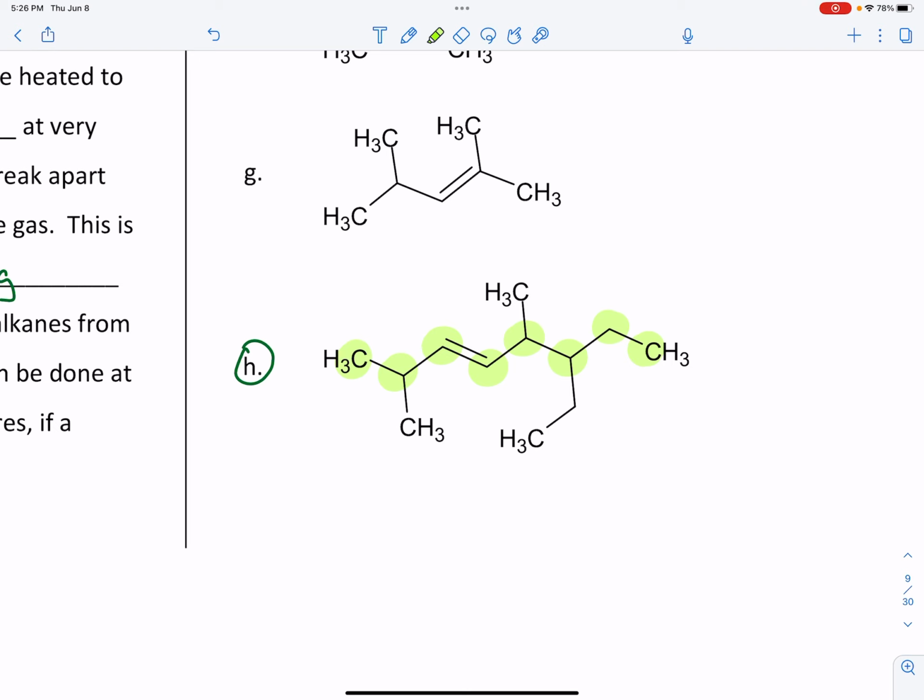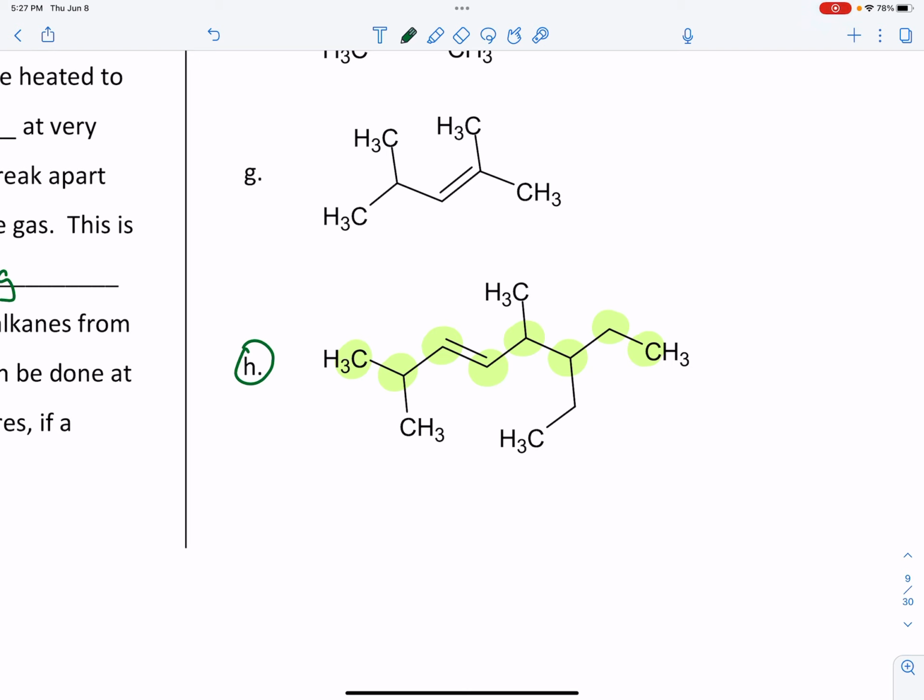That's possible. But that gets more complicated. So in this quick unit on organic chemistry, we won't see that. So for us, the parent chain will always contain the double or triple bond. But remember, the parent chain has to be the longest continuous chain in the molecule. But for us, it will contain the double or triple bond also.